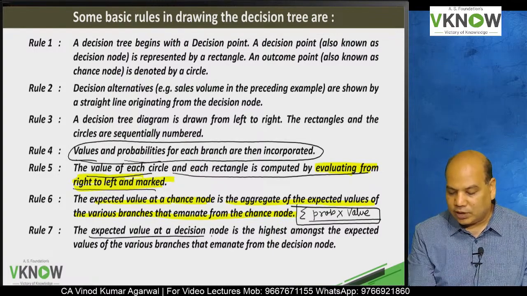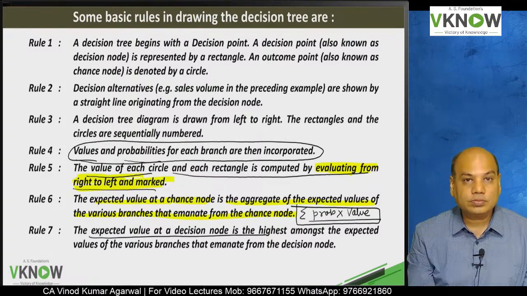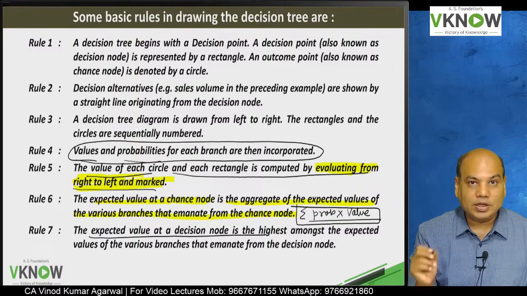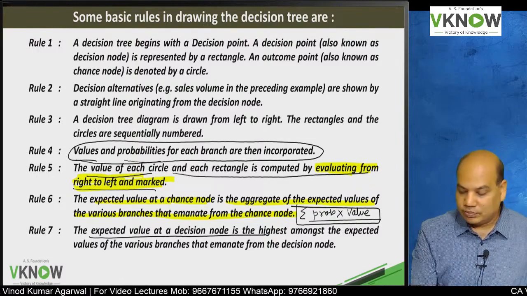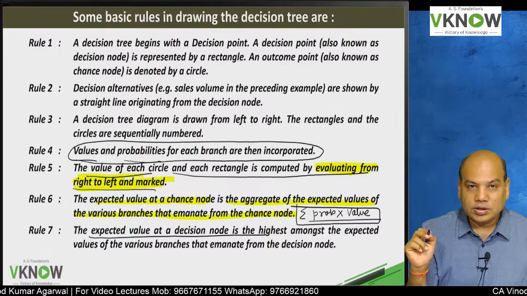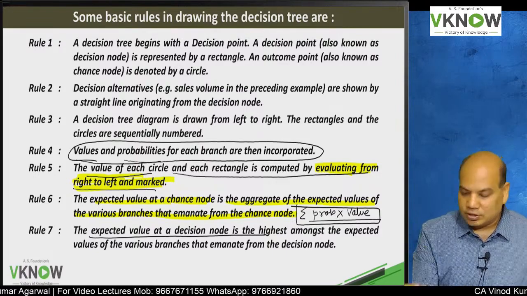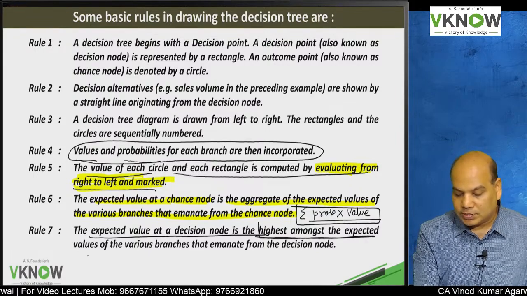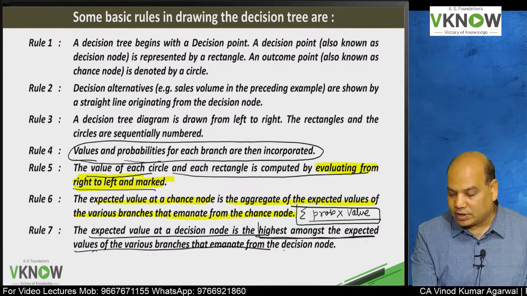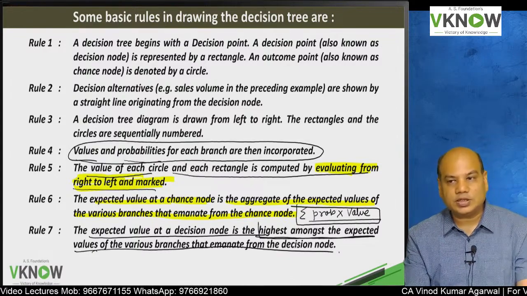And for the expected value of a decision node, in our example CA versus MBA, our objective was maximization of salary, so I will take the highest among the expected values of the various branches that emanate from the decision node.